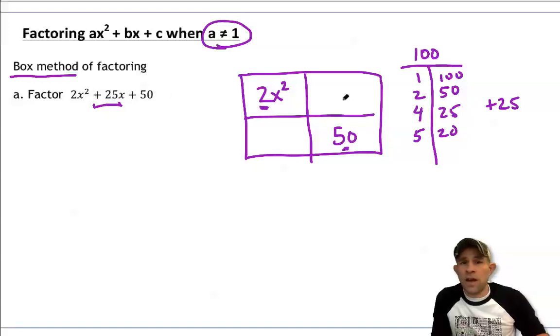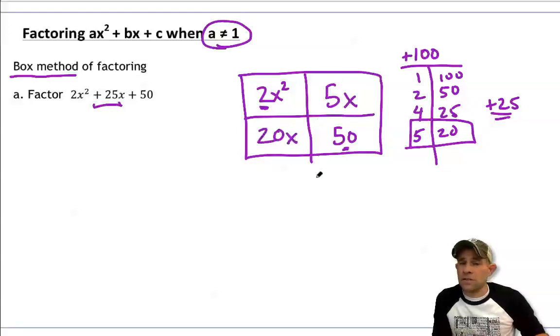Again, I'm looking for factors of a positive 100 that will combine to give me positive 25. So I see that this would give me positive 101, positive 52, positive 29, and here's my positive 25. So I'm going to list 5x and 20x in my other two boxes. And again, it doesn't matter which box I put them in.